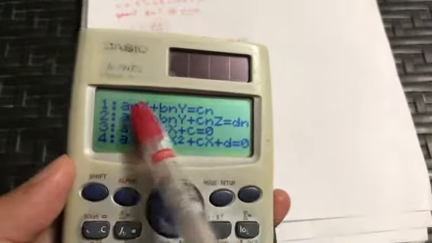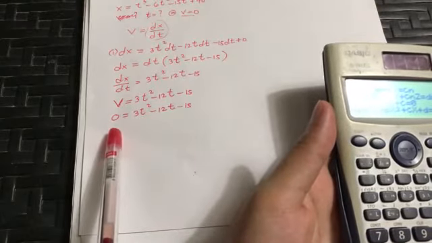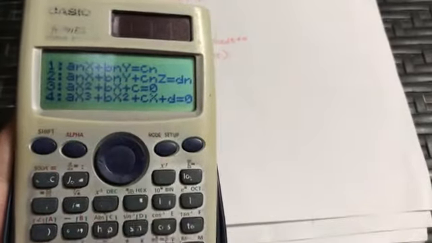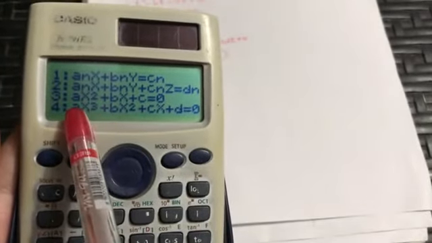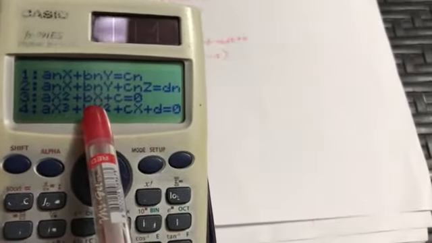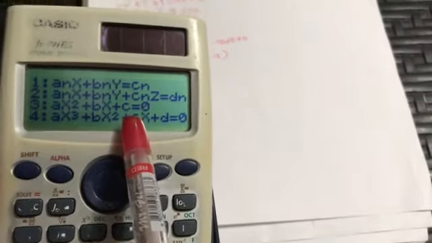Meaning we need to set our equation in this form, so we have our equation equal to 0. The coefficient of x squared is A. The coefficient of x is B. And the one without the coefficient is C.